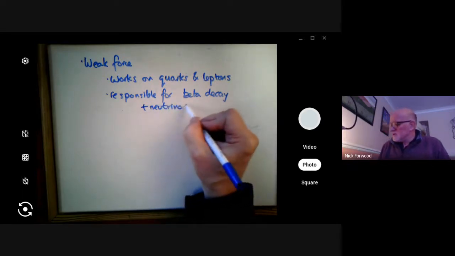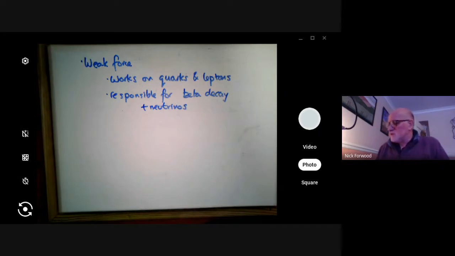Any interaction that produces neutrinos is subject to the weak force. Why is it called a weak force? Because it's much weaker than the electromagnetic force, and it only works over a short distance.